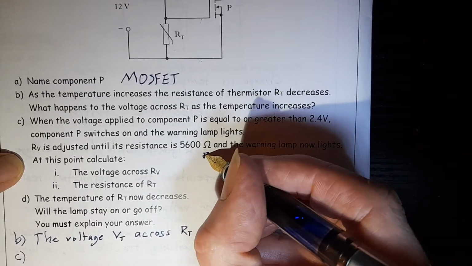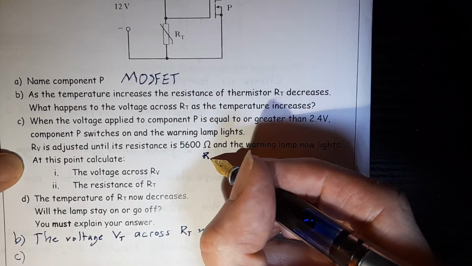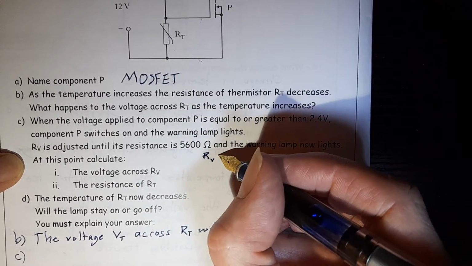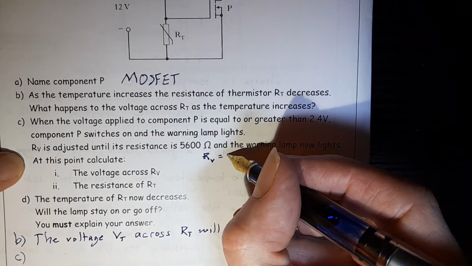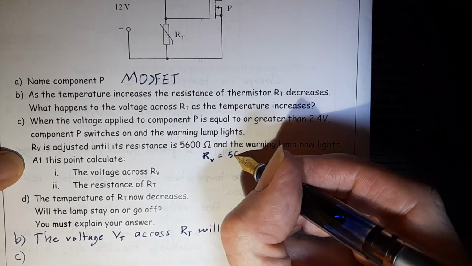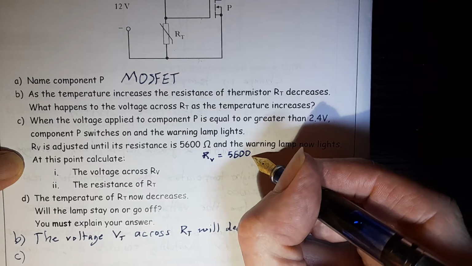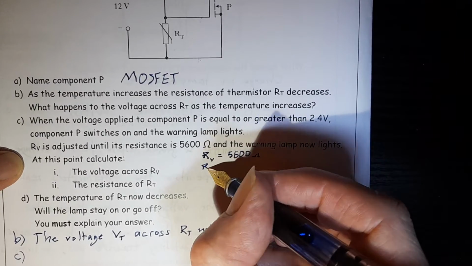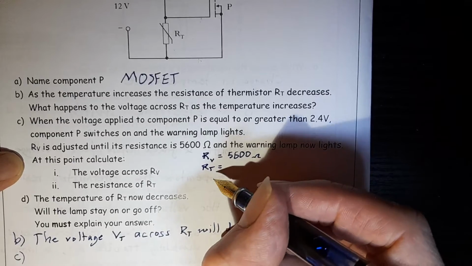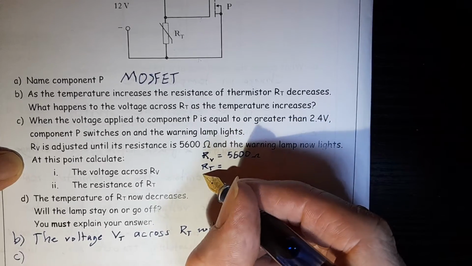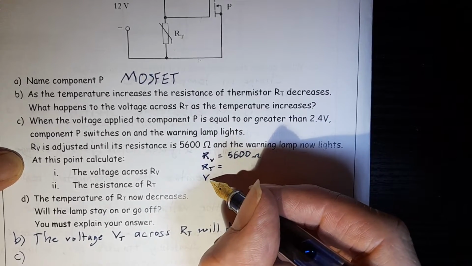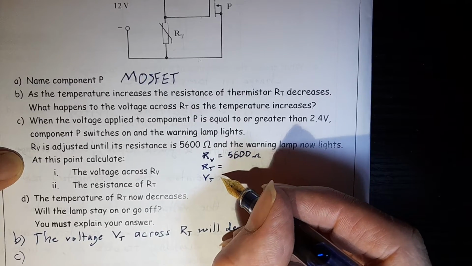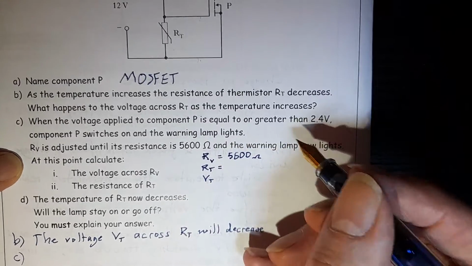I have the resistance of the variable resistor RV, which is 5600 ohms. RT, I need to work that out eventually. The voltage on the thermistor is 2.4 volts.